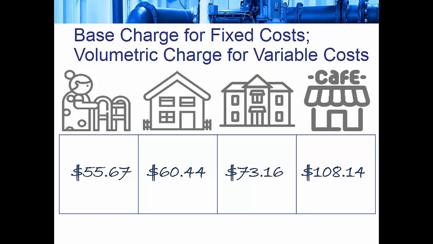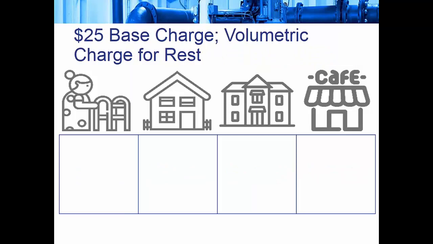So compared to the first two examples, where in the first one everybody paid exactly the same and in the second one there was a really wide variety between the prices, in this case the lowest to highest band is pretty narrow. So the cafe, relatively speaking, is not paying all that much more than the elderly fixed income person, considering they're using 34 times the amount of water. They're only paying about twice the amount of bill.